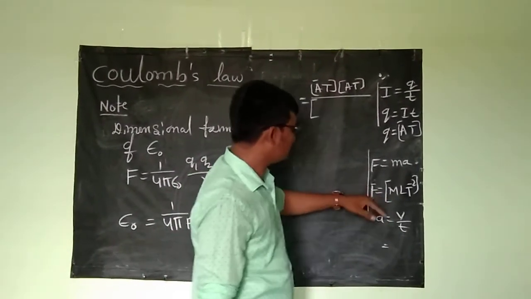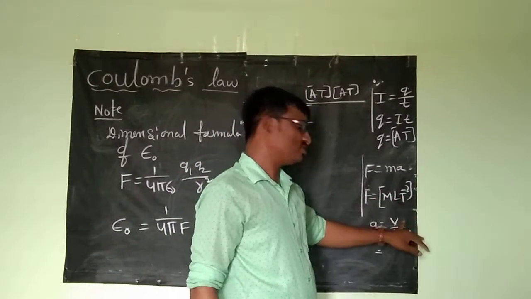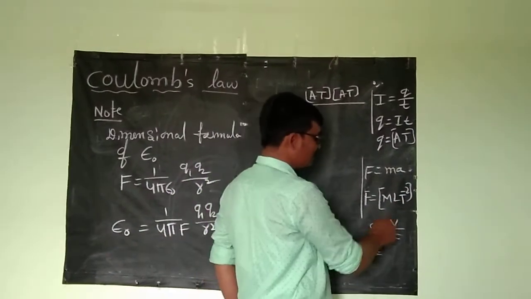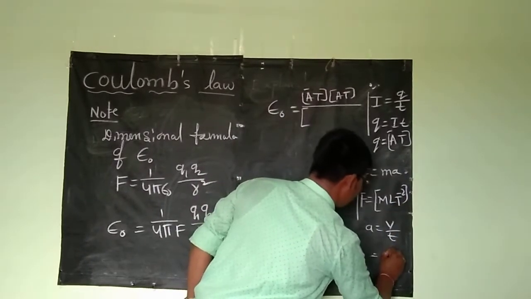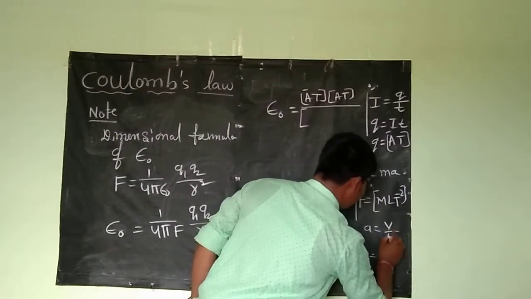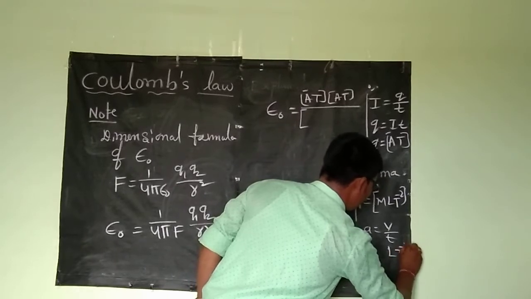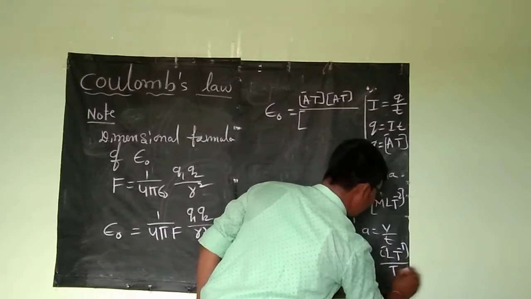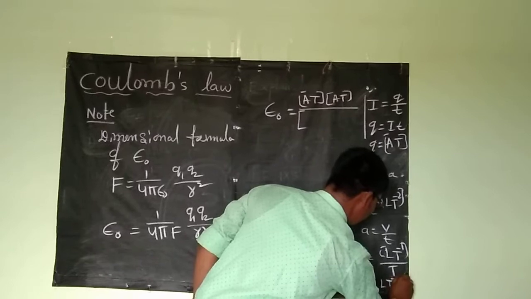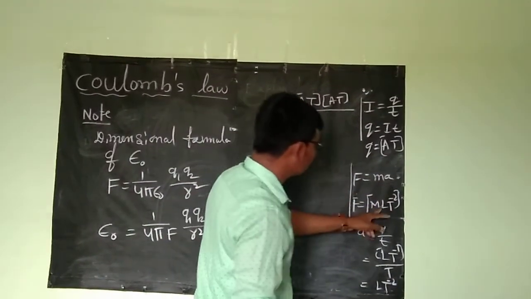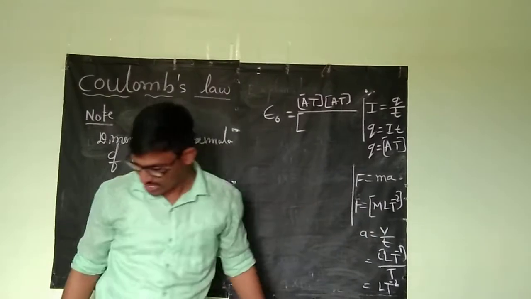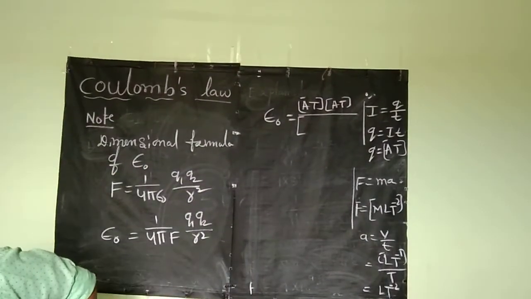So directly consider F is equal to M L T minus 2. For velocity, L T minus 1, and again we have T, then it becomes L T minus 2, the dimensional formula for acceleration, right? The total for force is M L T minus 2.